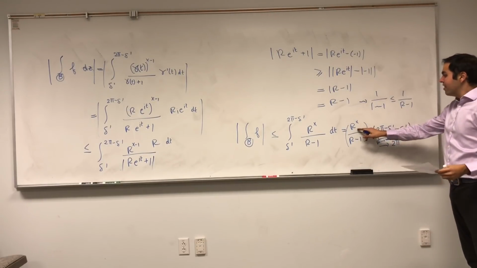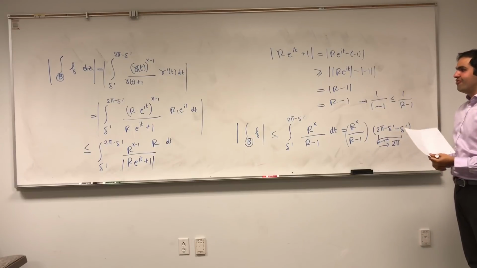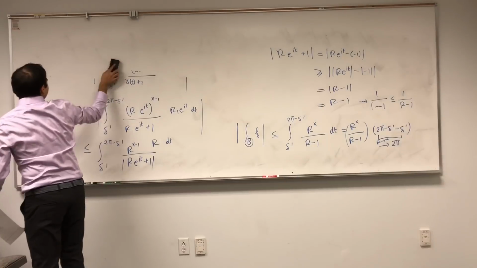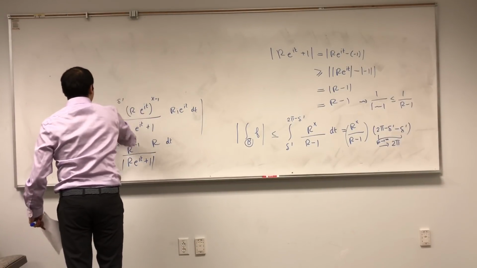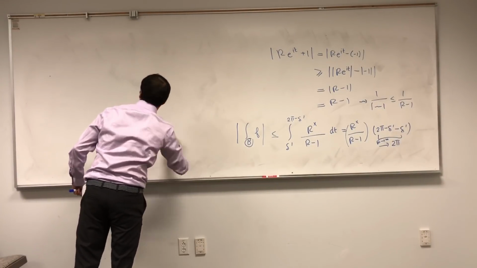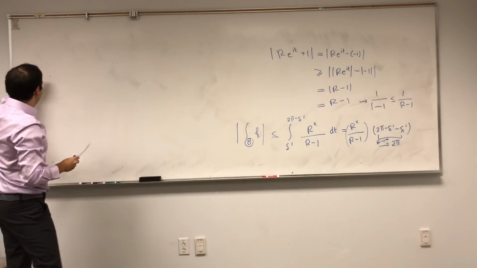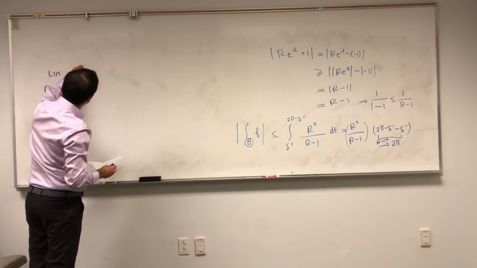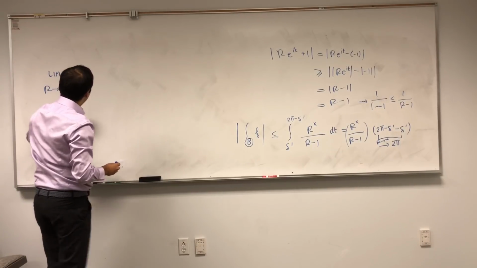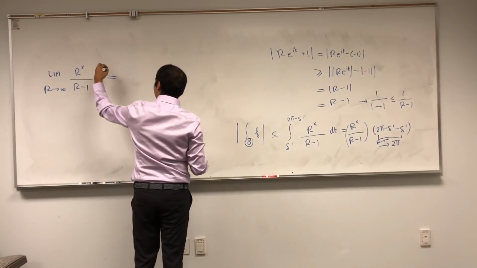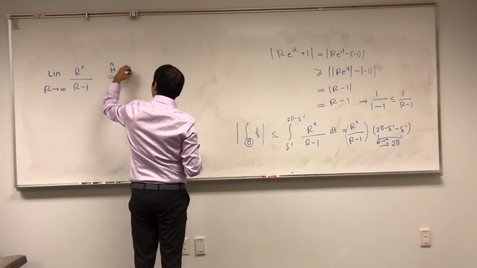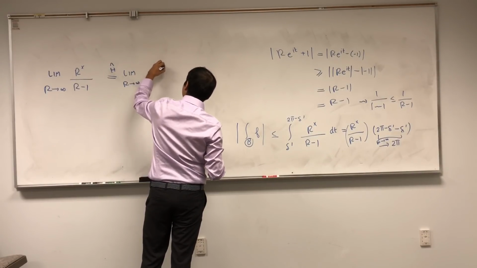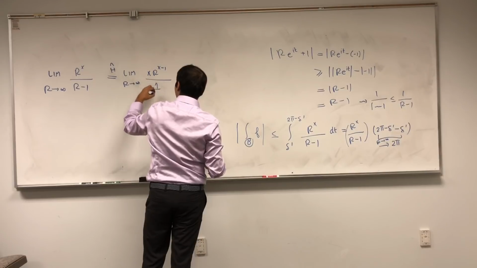Now, what about this thing? The problem is we have infinity over infinity. This calls again for L'Hopital. So the limit as r goes to infinity of r^x over r − 1 equals, by L'Hopital's rule, the limit as r goes to infinity of x r^{x−1} over 1.